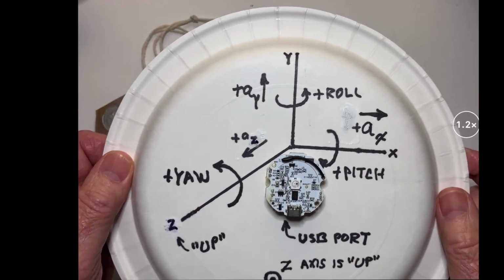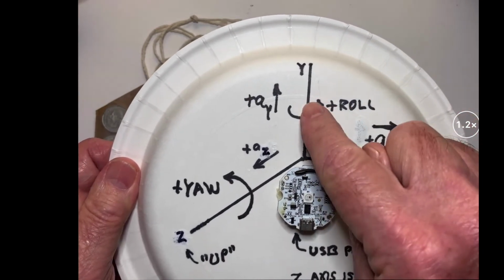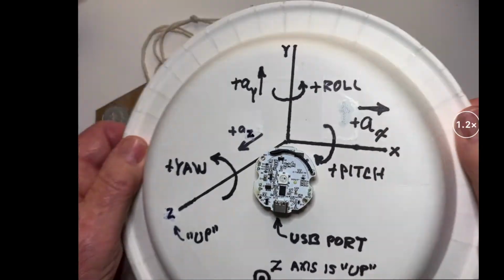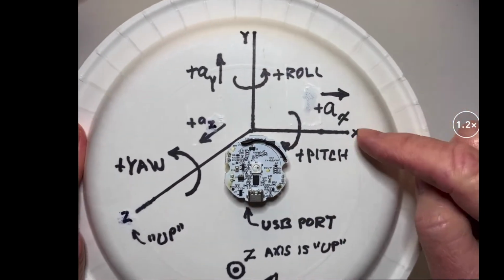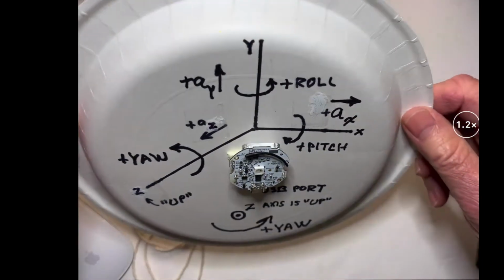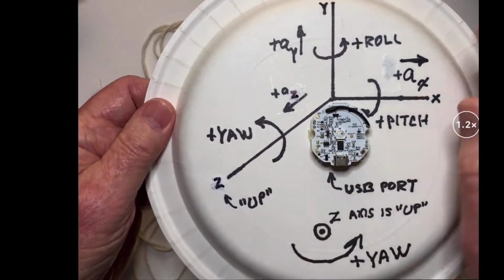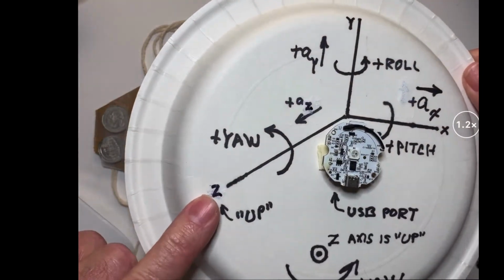The gyroscope measures roll, pitch, and yaw. So here's the roll axis around the y-axis. So that measures the angle of rotation along this axis. The pitch angle, which is the one we're going to use, is along the x-axis. So that's pitching this way up and down. And here's the yaw axis along this axis here.